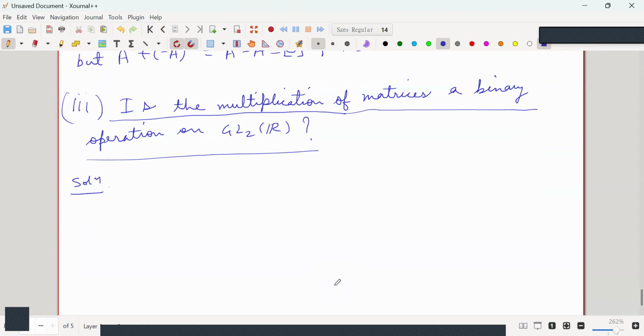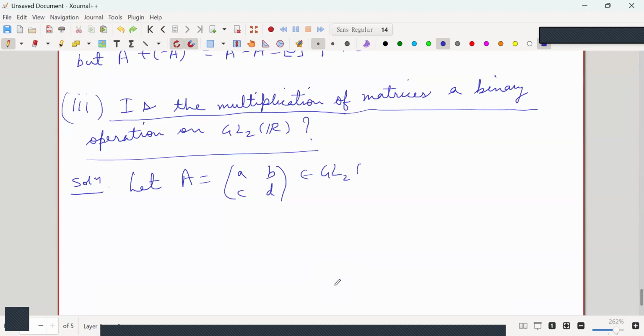So let's solve that. So let A equal to A, B, C, D belongs to GL2R, or maybe I think we don't even require this.